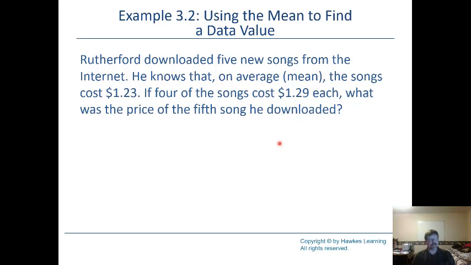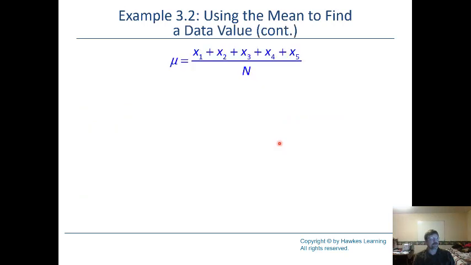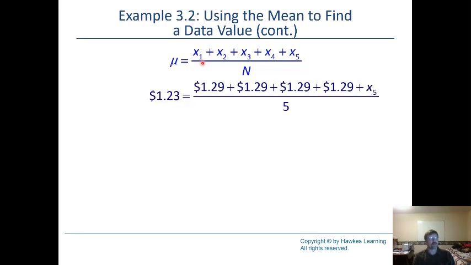Right, it turns into simple algebra. Okay, right, following. There we go. So here's our formula for the mean. We've got 4 songs at 129. 1 song we don't know. 5 songs. What was it? 123 was our average. There we go.